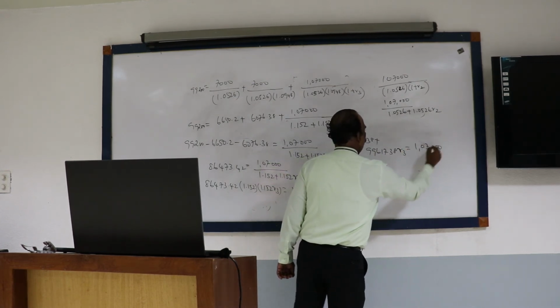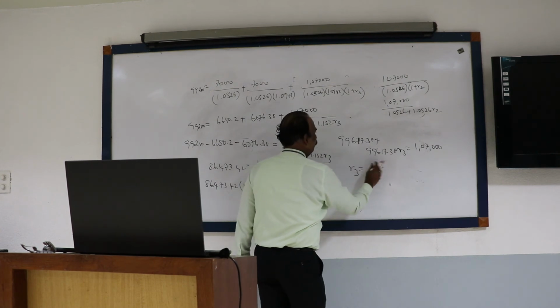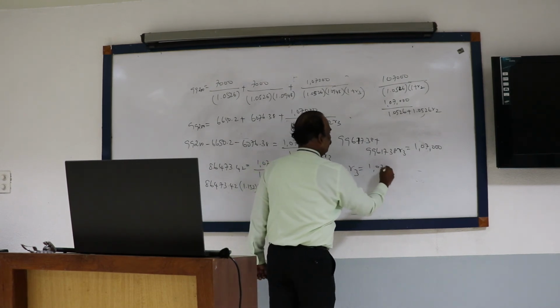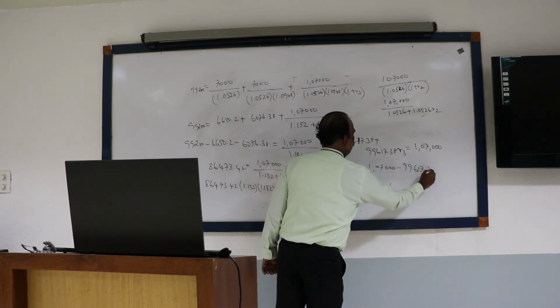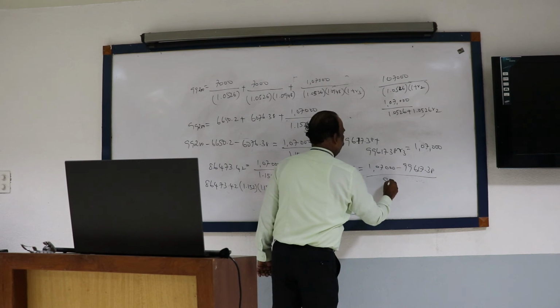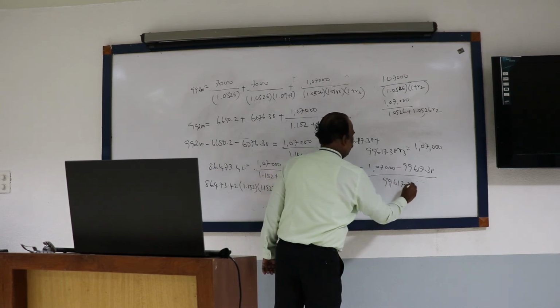So R3 will be 1,07,000 minus 99,617.38, whole divided by 99,617.38.